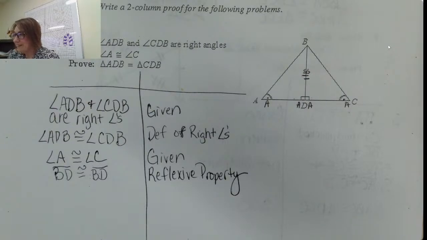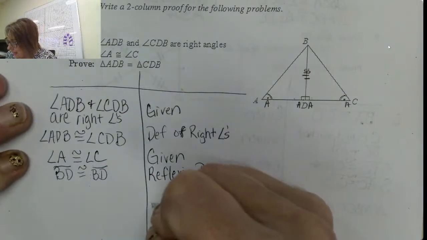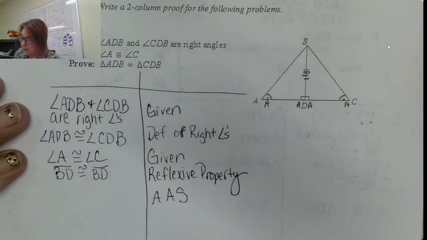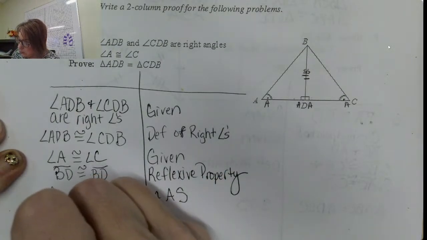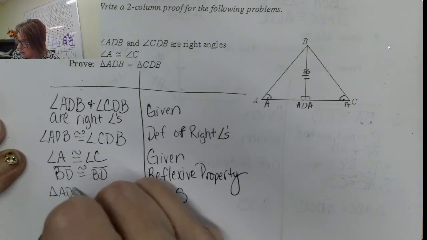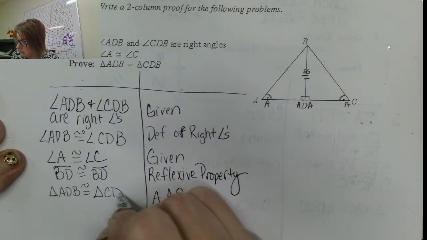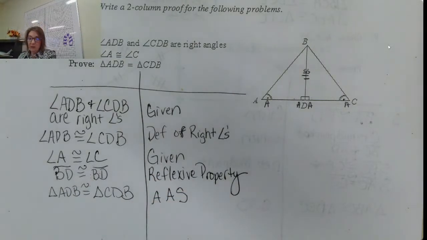Angle, angle, side. I'd probably let you get by with side, angle, angle. We just don't normally say it that way. So, triangle ADB is congruent to triangle CDB. Why? Angle, angle, side. Okay?